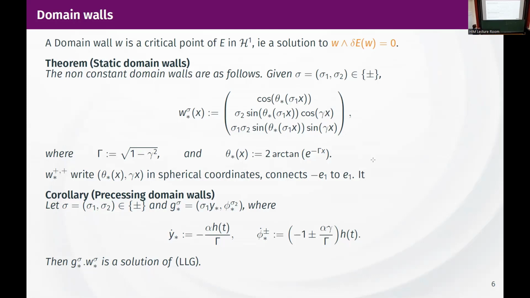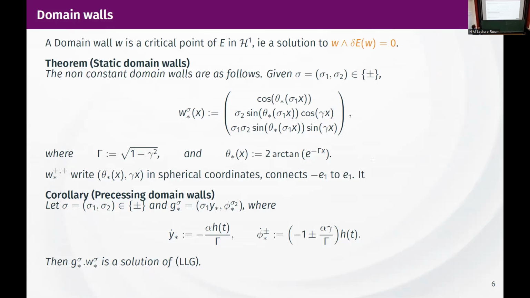The precession is also extended, with a translation according to the applied field. So the applied field controls the way the domain wall moves, and it also controls the speed of the precession.